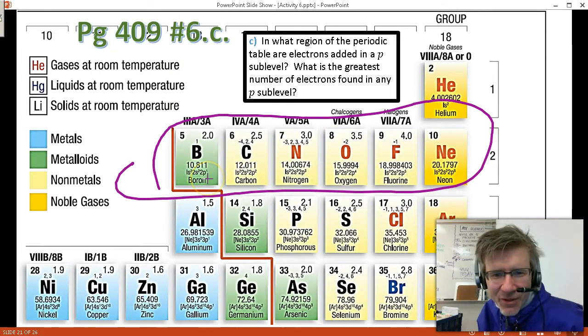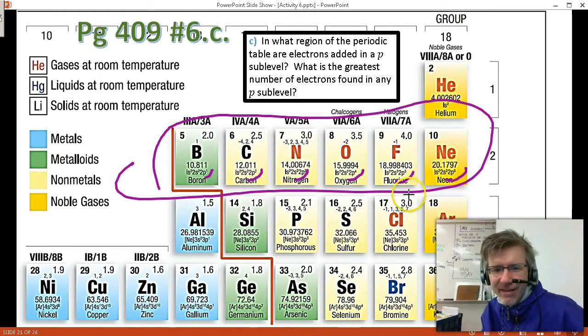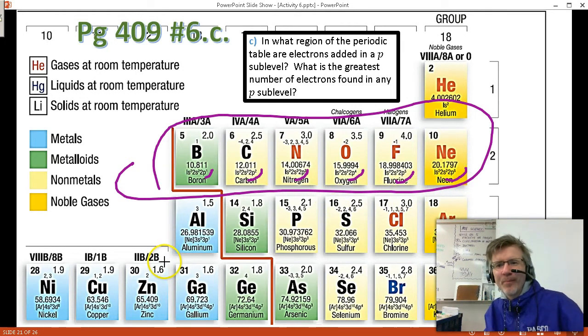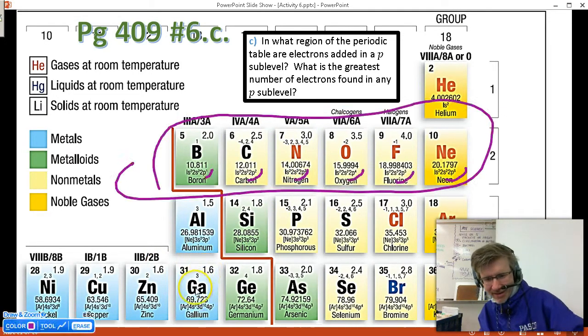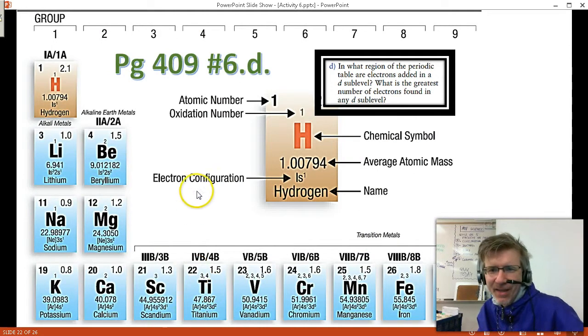It says 2p1, 2p2. I'm looking at the last little bit here. 2p2, 2p3, 2p4, 2p5, 2p6. So the P sublevel can only have 6 electrons.